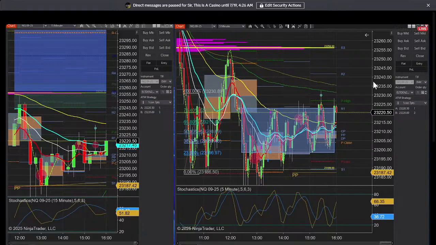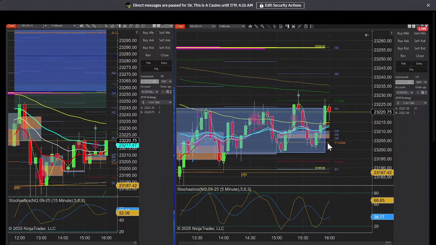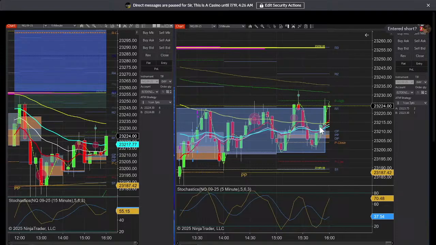See. I almost entered right there. But looky there, there's that 7 EMA coming into play again. We broke out of it, so we had to come back inside.